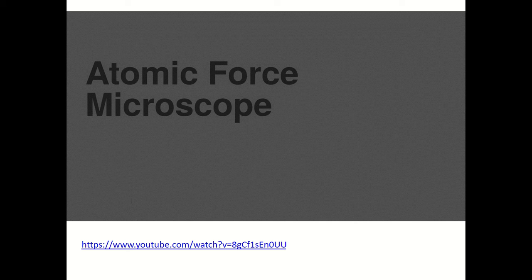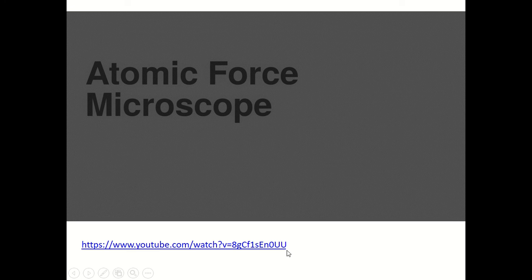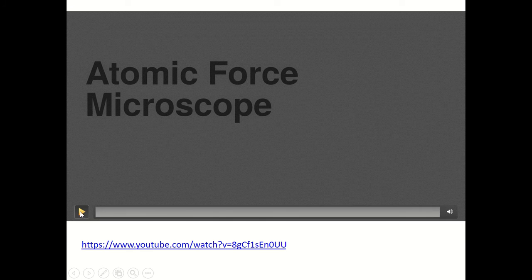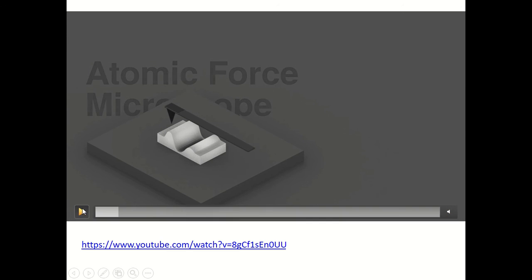Okay, so let's see this animation available on YouTube for the working of the atomic force microscope. Now suppose this is the sample surface. You can see here these hills and valleys.